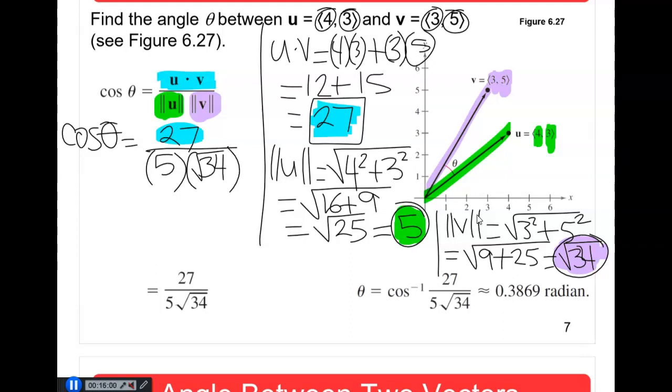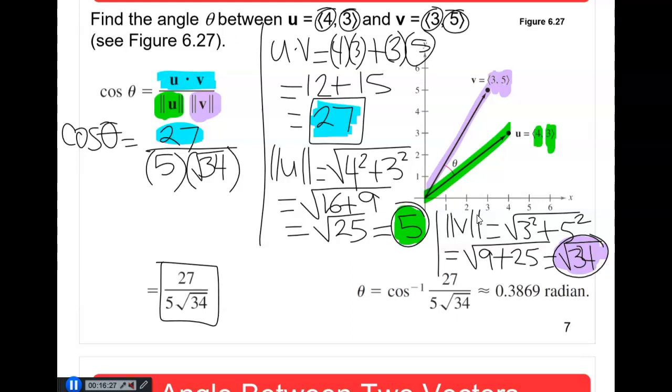And the square root of 34, we just leave it inside the radical because we don't want to get a decimal and then round too soon, because we still need to find the angle theta. And so you can see the answer is here, 27 over 5 times the square root of 34.